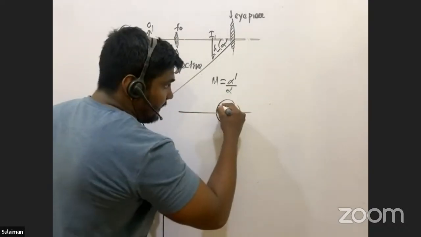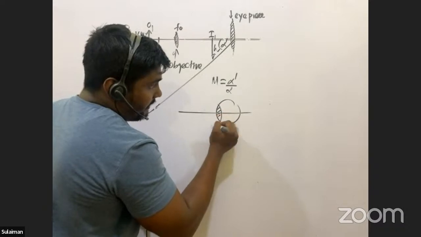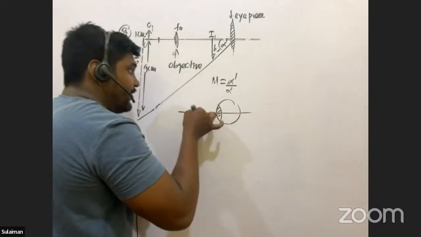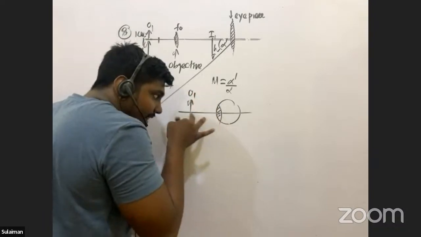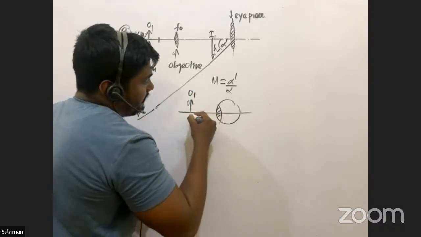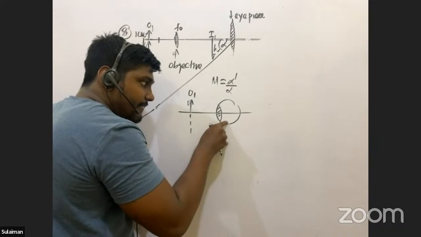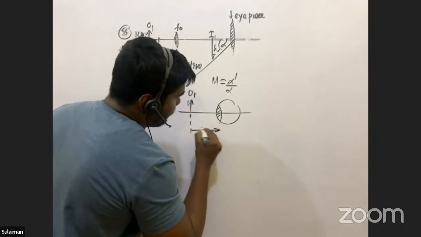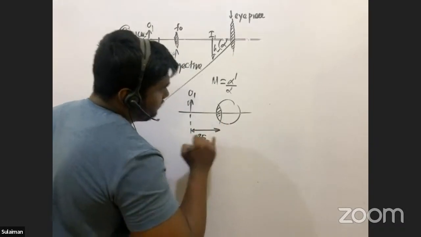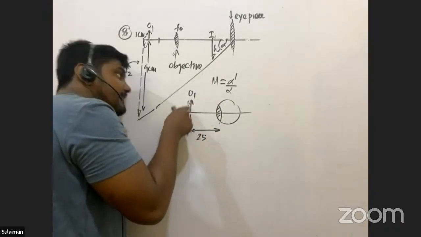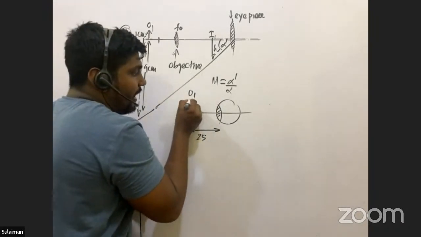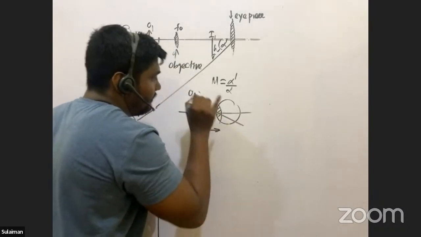If this is your naked eye and you keep the object exactly at the near point, for a healthy eye the near point is 25 centimeters from the eye. The angle subtended by this object on the eye is alpha.